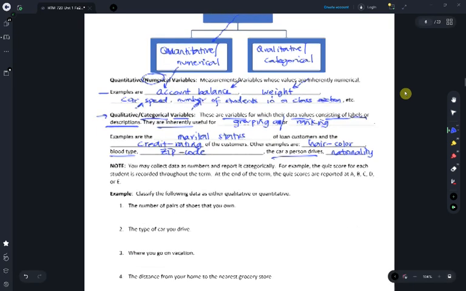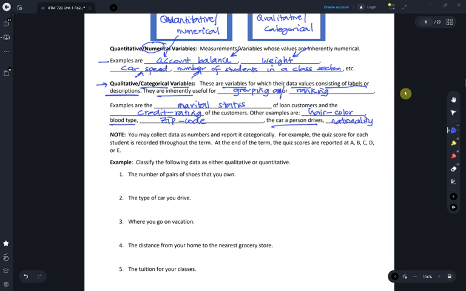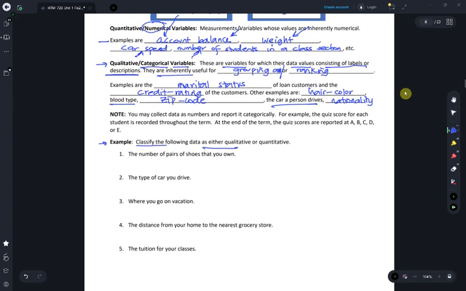And to quickly check how well we understand this, how would you classify each of the following variables that have been defined below? One, the number of pairs of shoes that you own. What do you think? I think that would be numerical, also called quantitative. The type of car you drive, that would be qualitative or categorical.